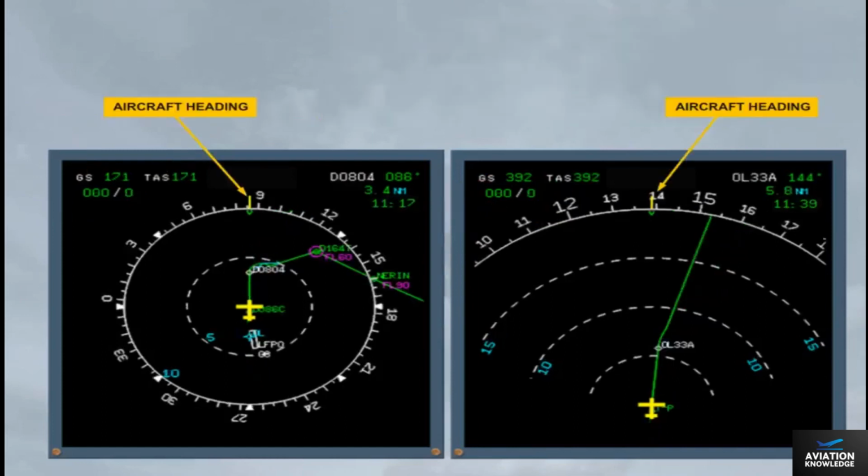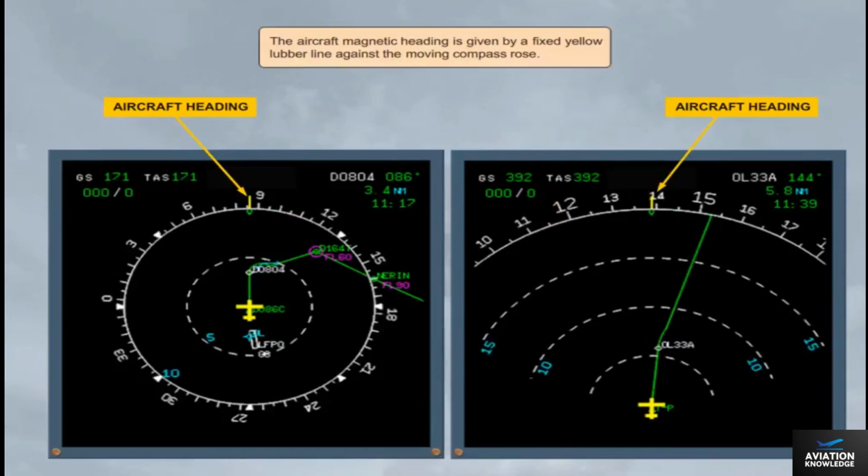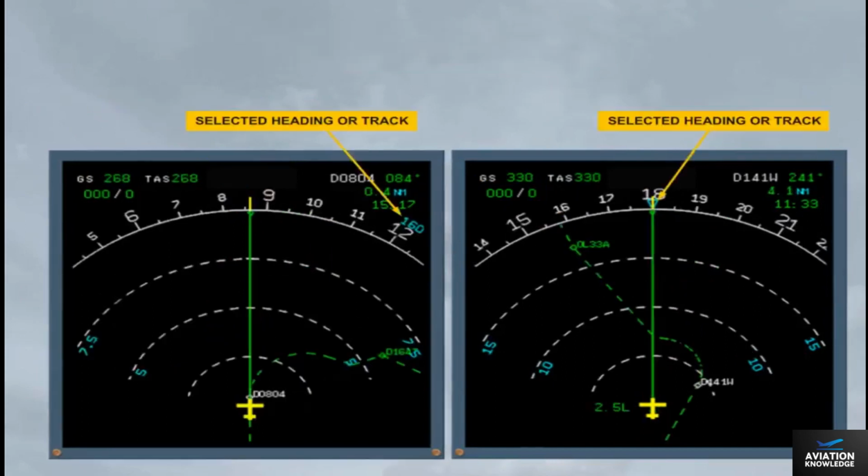The aircraft magnetic heading is given by a fixed yellow lubber line against the moving compass rose. The selected heading or track, if bird is selected on, is shown by a blue triangle or blue numbers, if out of display range. This is similar to the PFD.